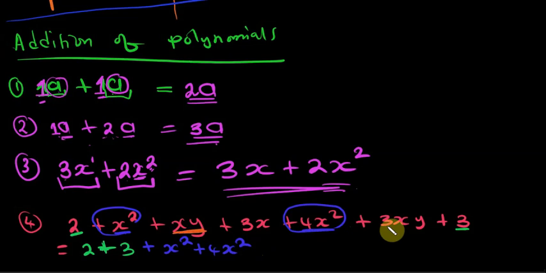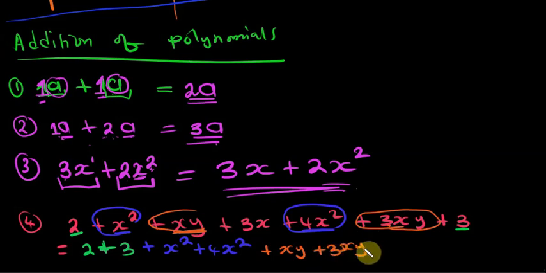Do we have any other xy? Yes, we do. There we go, positive 3xy and positive 1xy. So let's write them down, xy plus 3xy. Is that all of them? Well, not really. We still have one more term. What term is that? Well, here it is, positive 3x. Is there another positive 3x? Nope, this is the only term. So just write it down, 3x.